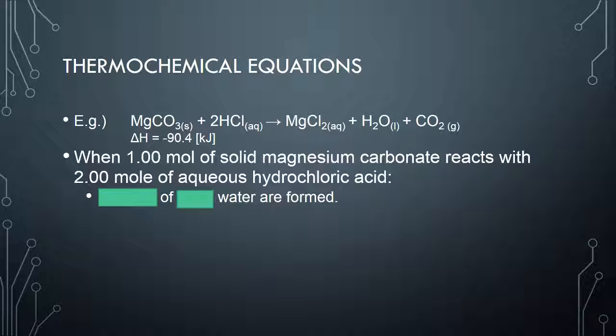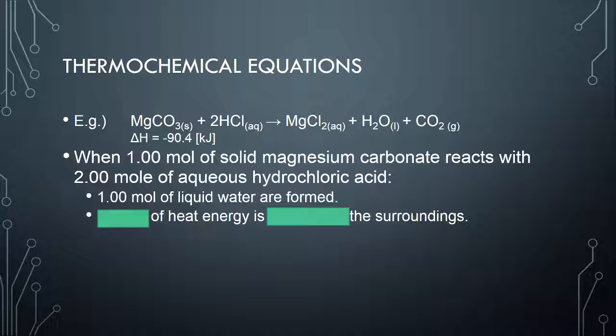What is produced? 1 mole of liquid water is formed, and then some heat energy is released to the surroundings. What do you think? Well, 90.4 kilojoules of heat energy is released because it's negative.